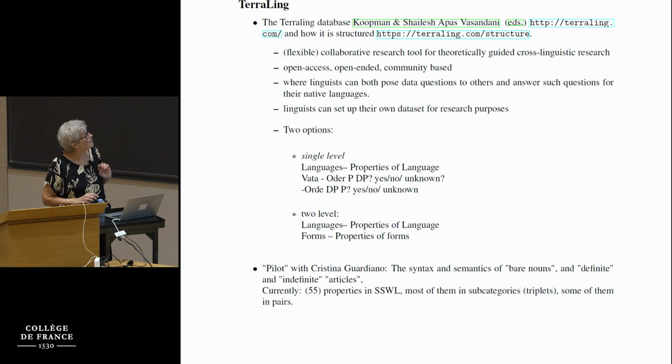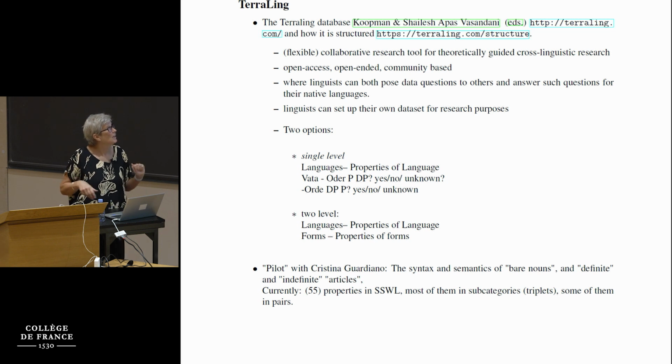So we have a language like Vata, and we want to know if it has prepositions or postpositions. So we ask: is the order preposition followed by an object, or is the order DP followed by a preposition, so it's postpositional? And then you can give two values, yes and no, and a third value, unknown, because we need to investigate that.